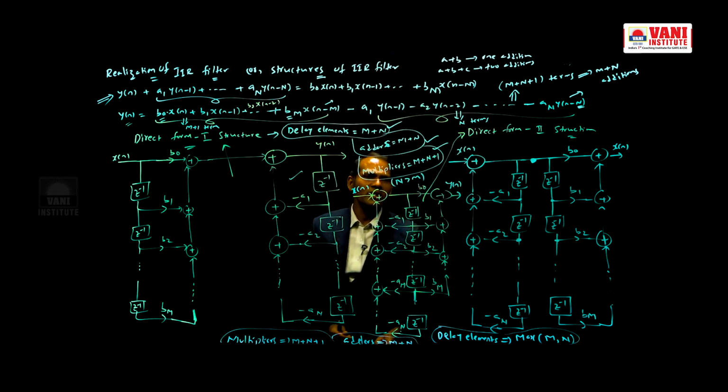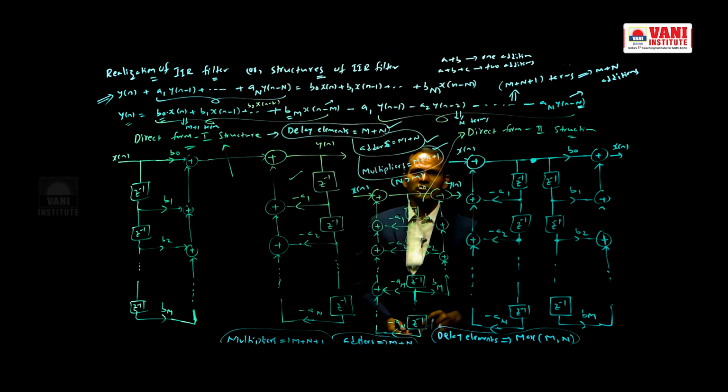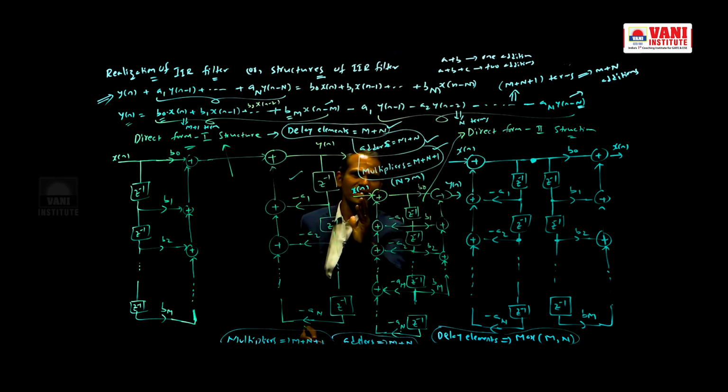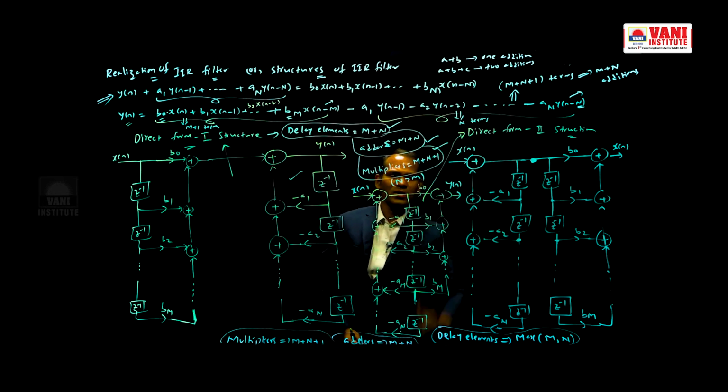The number of delay elements are reduced if you follow this approach. And you can remember this diagram like this. In the middle write delay elements, and this side is y and this side is x. Like this we will write.